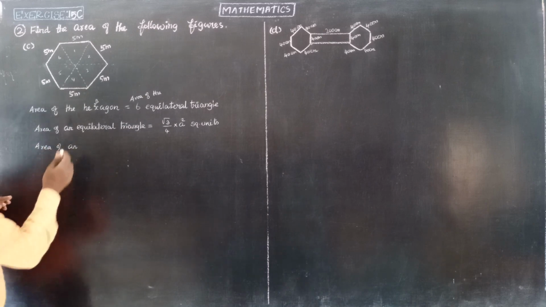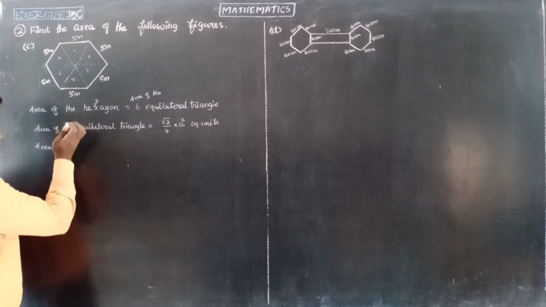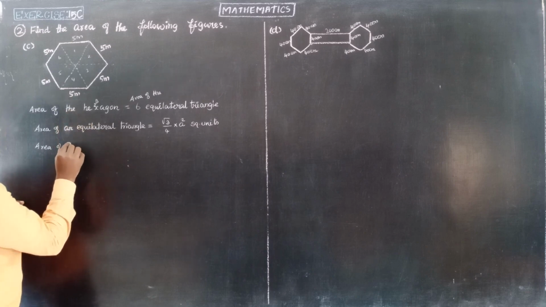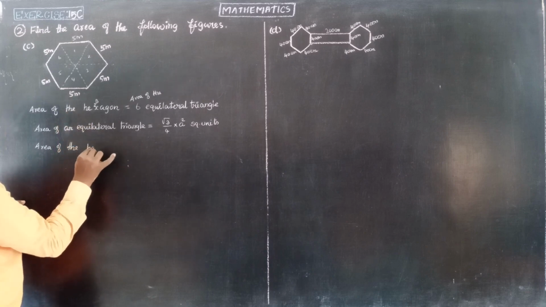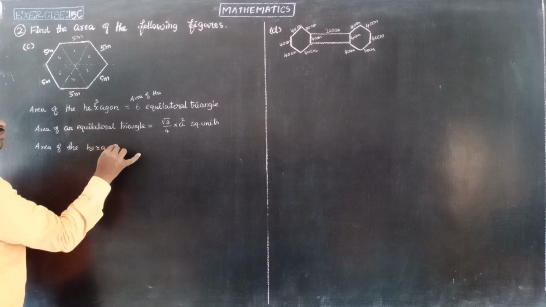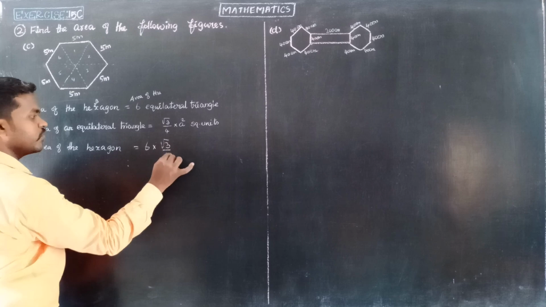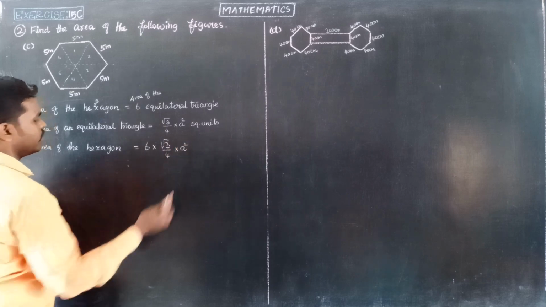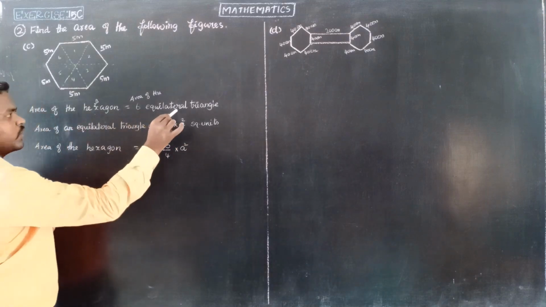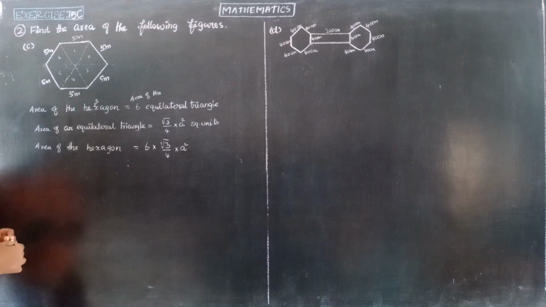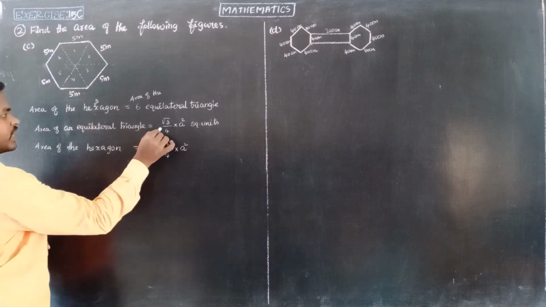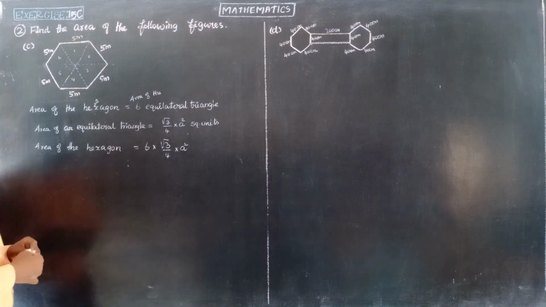Area of 6 equilateral triangles is equal to the area of the hexagon. So area of the hexagon is equal to 6 into root 3 by 4 into a square, because the area of the hexagon equals the area of 6 equilateral triangles, and the area of one equilateral triangle is root 3 by 4 into a square.